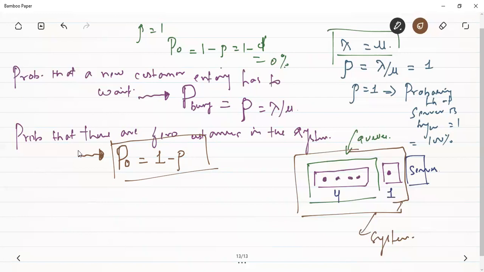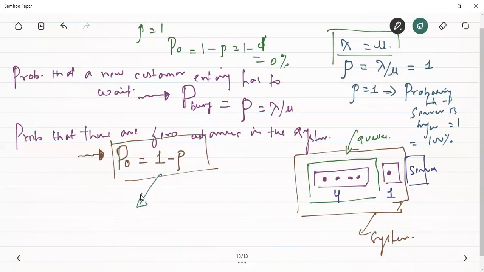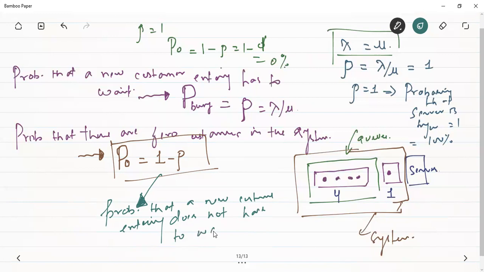So यही चीज कभी ऐसे भी दी होती है. This term will also have the same meaning, that probability that a new customer entering does not have to wait. एक पर्सन आ रहा है और उसको वेट करने की जरूरत ही नहीं पड़ेगी.